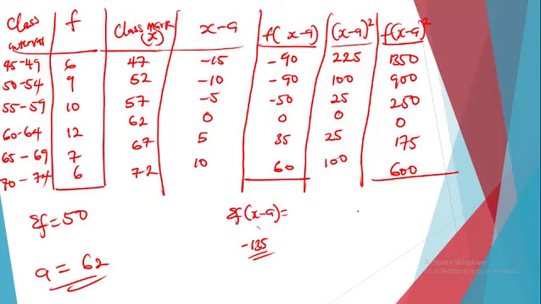And then when you add it up, we have the summation of f into x minus a all squared, which is 3275. So we've gotten the values required for this solution.